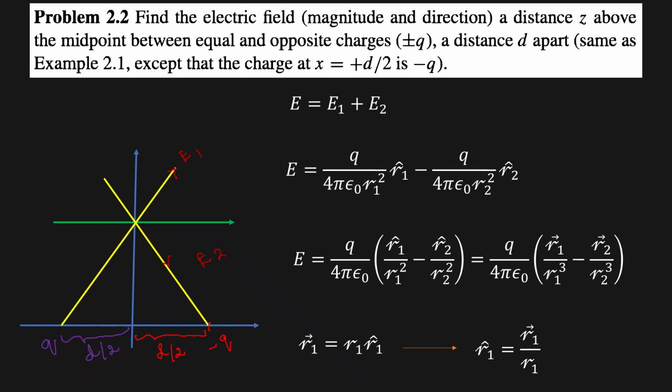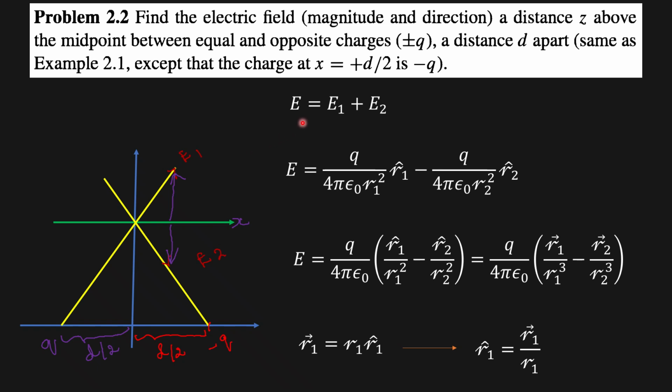So you have parallel and perpendicular components. The perpendicular component due to E1 is upward. The electric field is upward. The perpendicular component due to the minus q is downwards. So the perpendicular components cancel each other. Only the parallel component along this x direction exists.